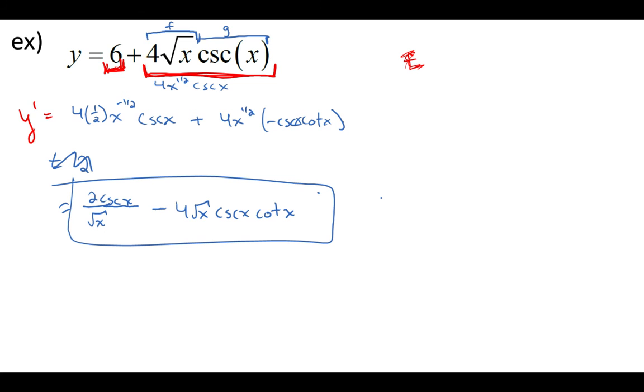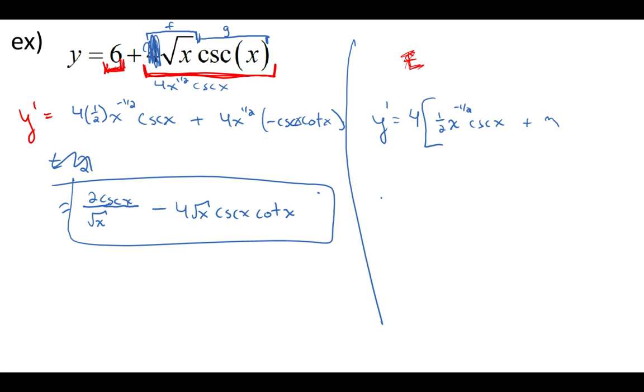The other option which I was talking about, if you want to just sort of pull the 4 out in front when you do this, just be like y prime equals 4, and then just do 4 times, and then just sort of look at the square root of x as your f. So then it would just be 1/2 x to the negative 1/2 cosecant x plus x to the 1/2, and then minus cosecant x cotangent x.